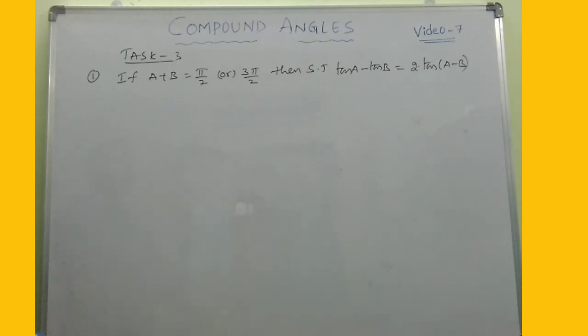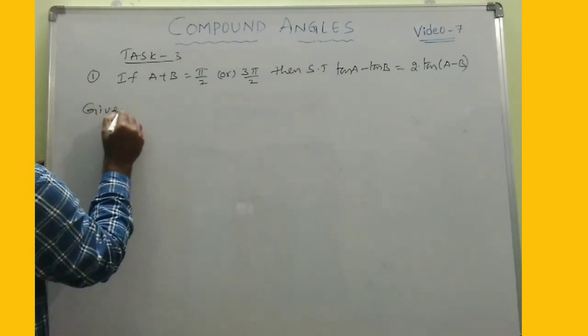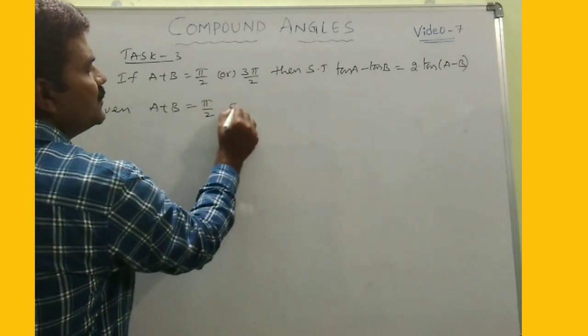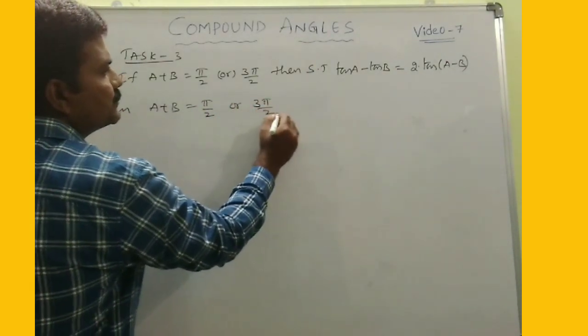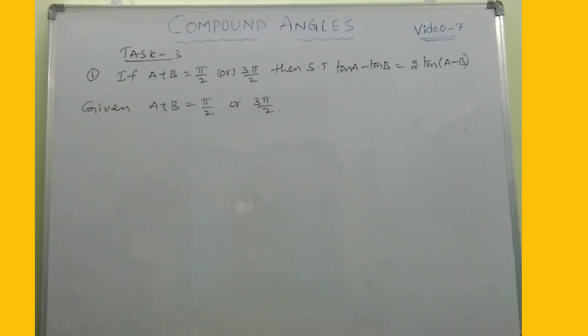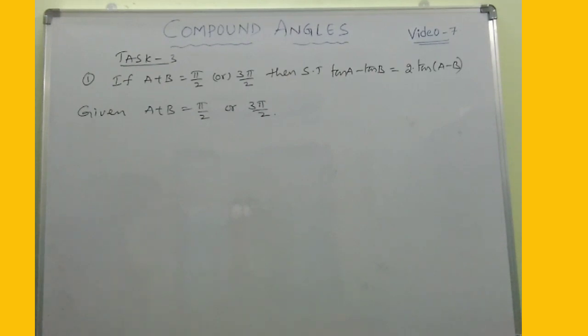So see here, what is given first of all? A plus b is equals to either pi by 2 or 3 pi by 2, isn't it? So here we can send any one to that side, either a or b.